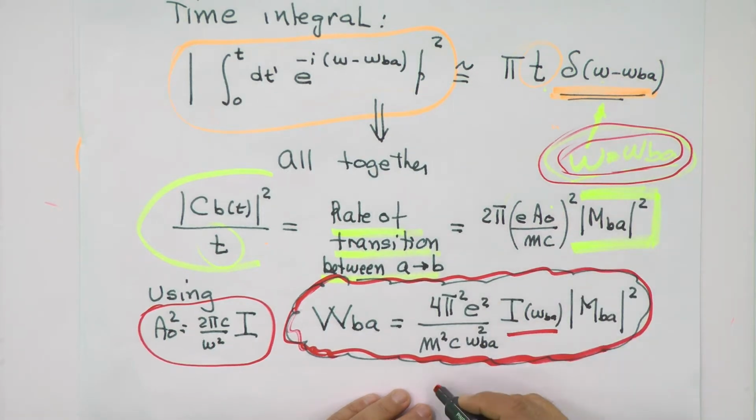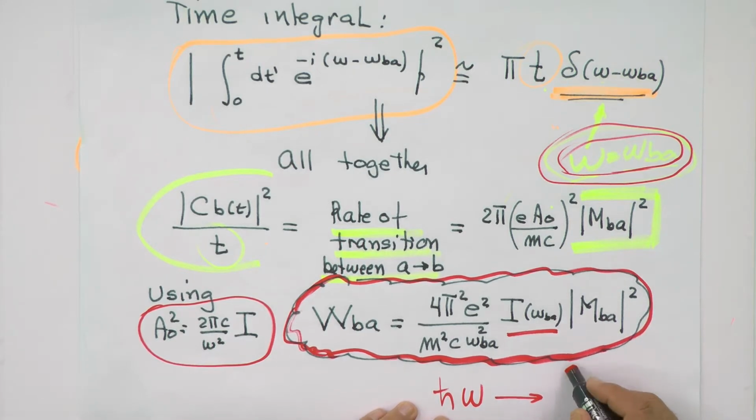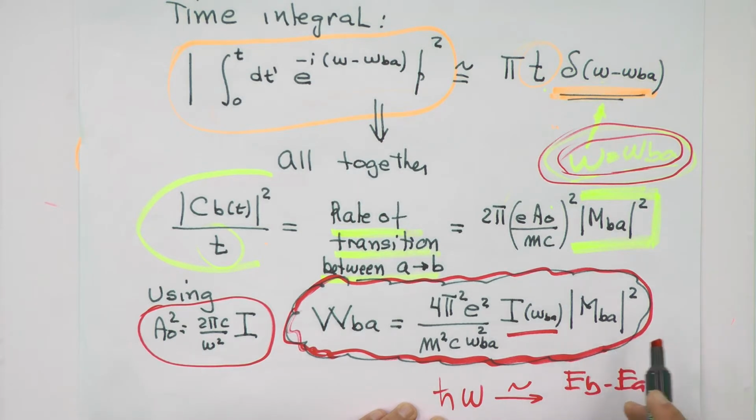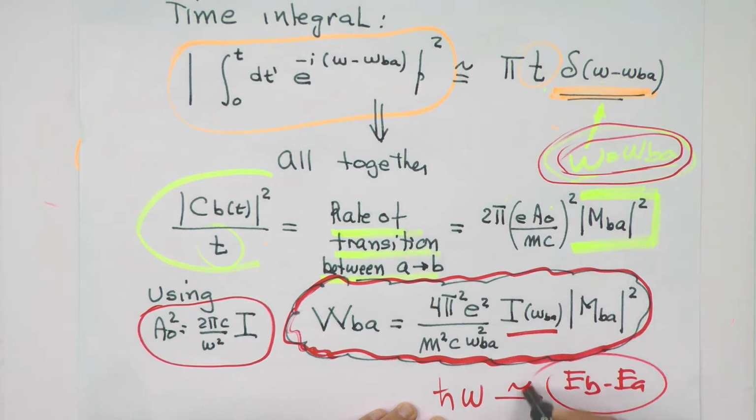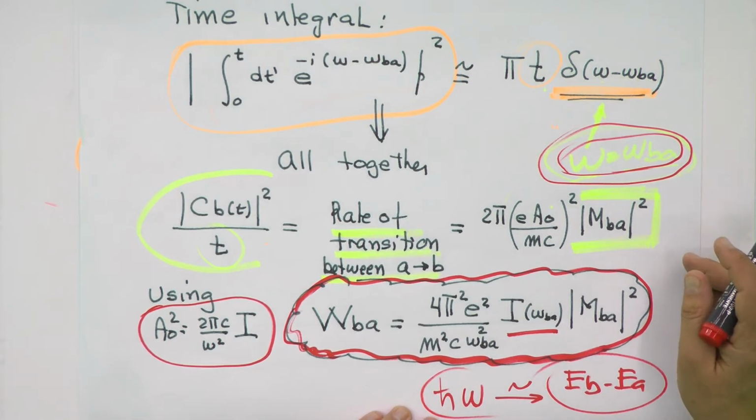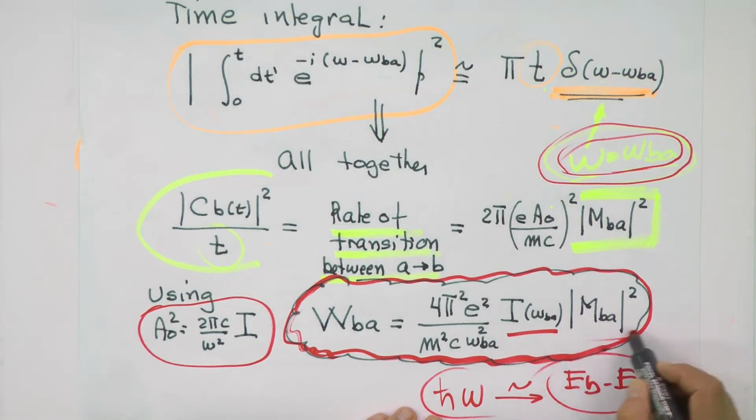And the reason for this is that h bar omega is the photon energy of the electromagnetic field, and this has to match the energy between the two states, right? If I divide by h bar, it means omega equal to omega_BA. Because this is the energy conservation, the energy matching here. But it depends on this matrix element.